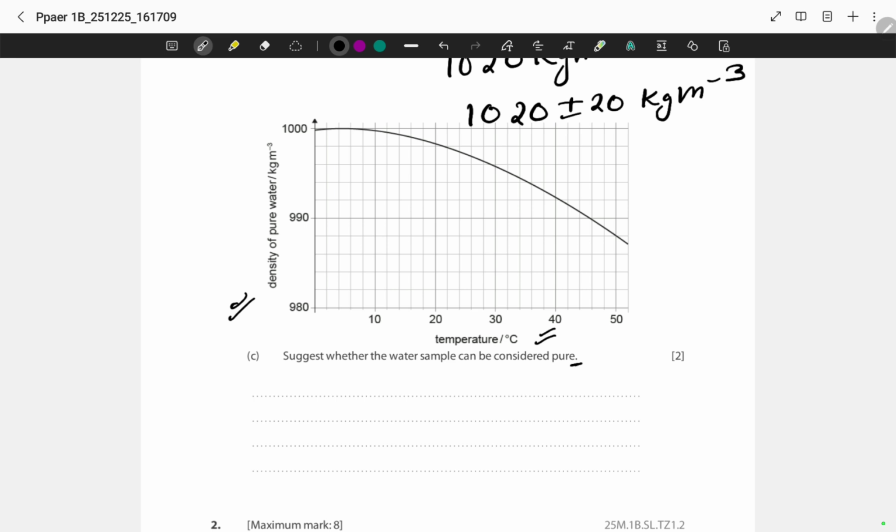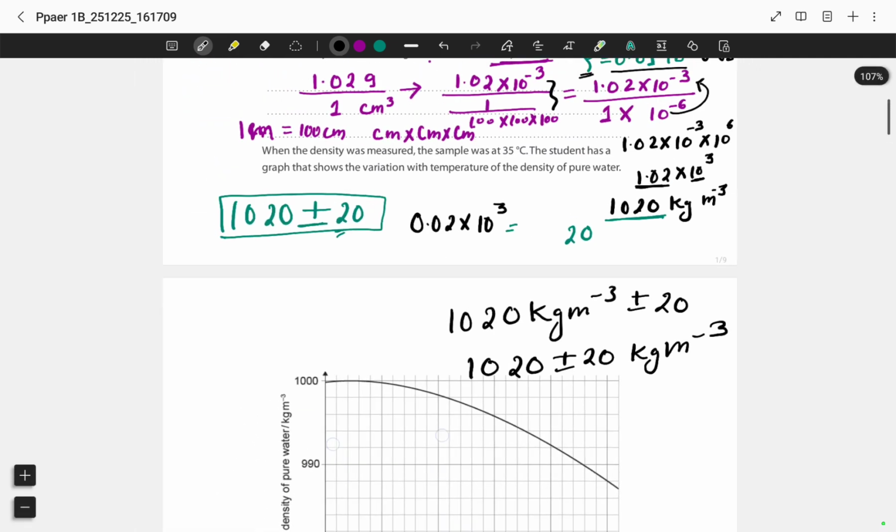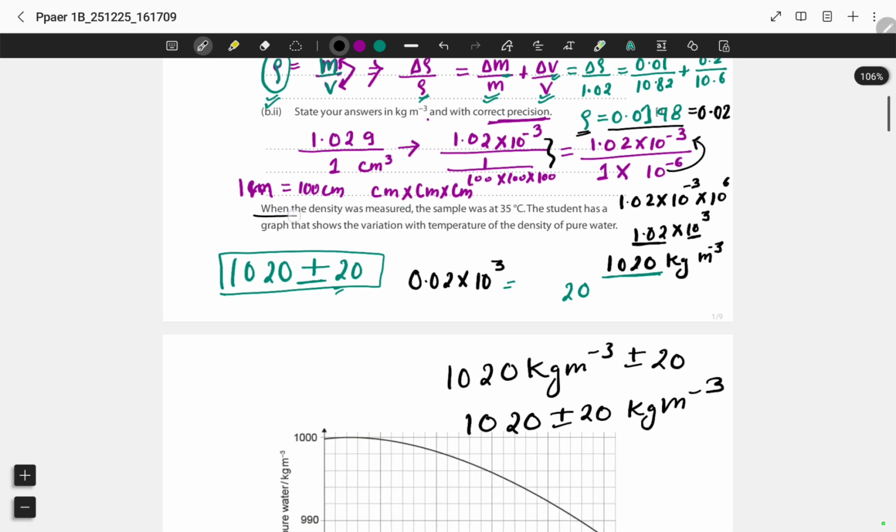Okay, so now check at around 35 degrees Celsius, because the question says that when the density was measured the sample was at 35 degrees Celsius. So the value that we have got is at 35 degrees Celsius.